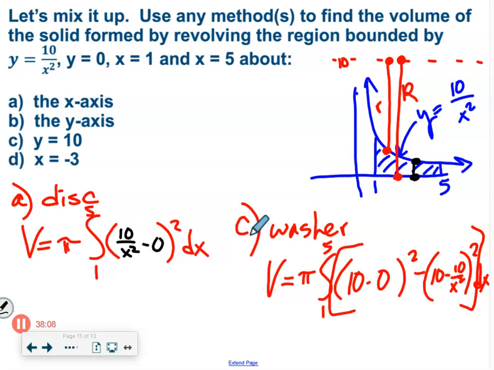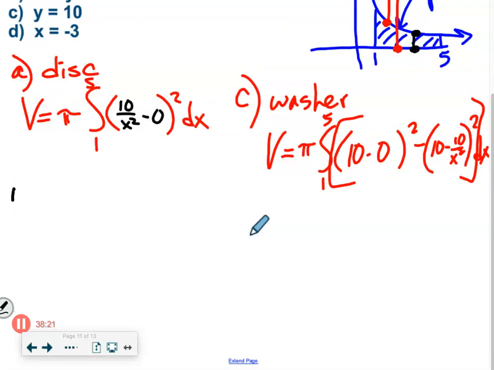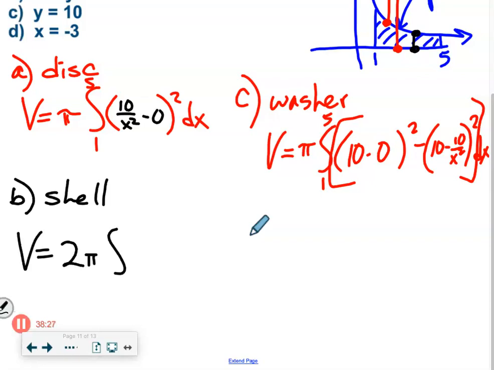All right. For part B, you're revolving about the y-axis. What method are you going to have to do? Shell, right? Vertical axis. If we have to do dx, it's going to be a shell. So our volume is going to be 2 pi r h.